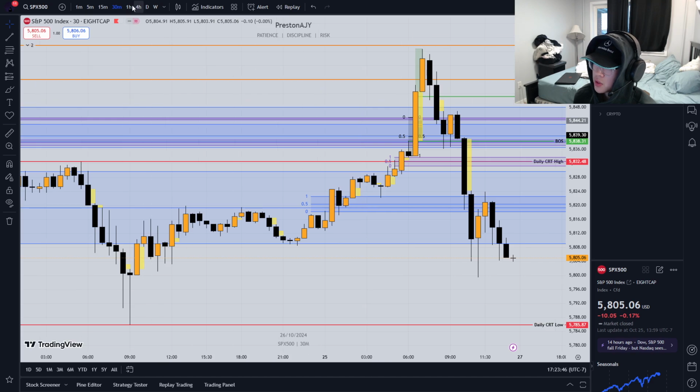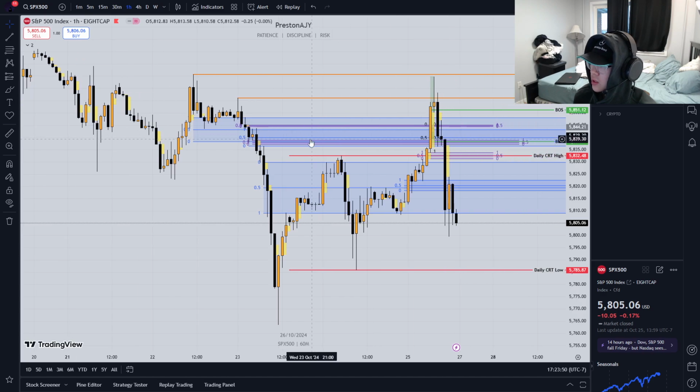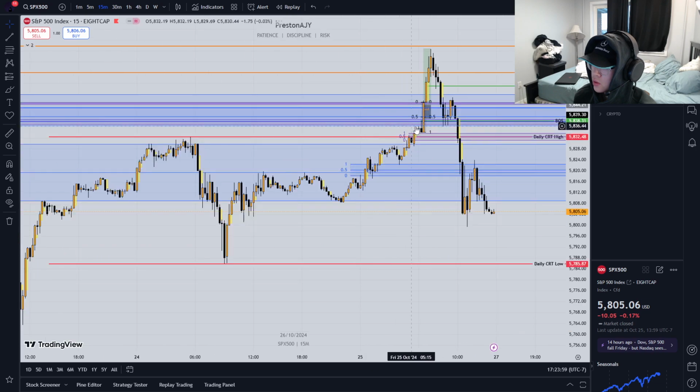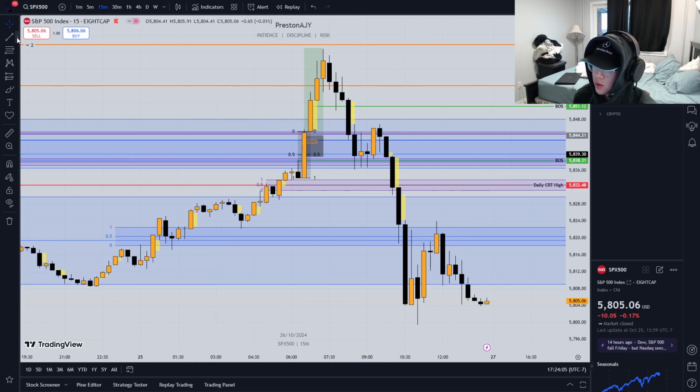So ideally we were just targeting some liquidity, and I was marking out liquidity levels at this level and right over here. Market opening was at 6:30, so let me put down a vertical line to mark the 6:30 opening.